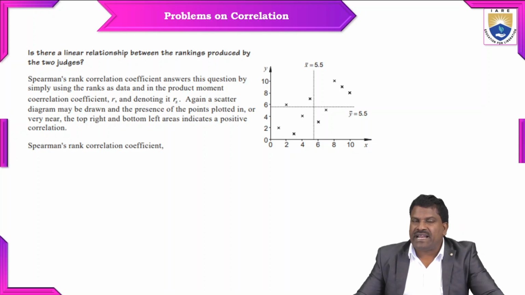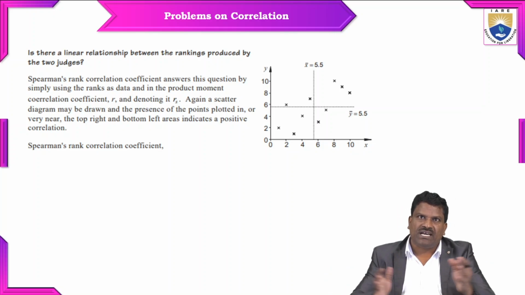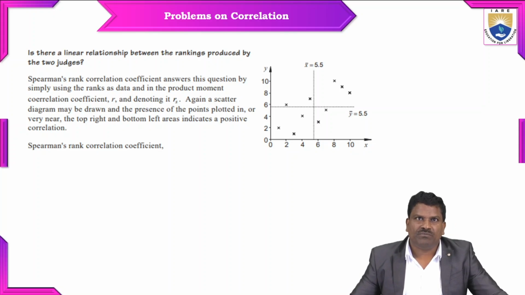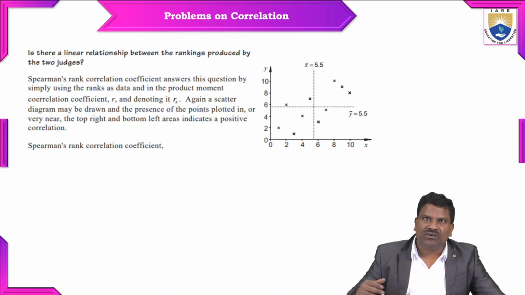Using Spearman's rank correlation coefficient answers this question by simply using the ranks as data in the product moment correlation coefficient R and denoting it R1.